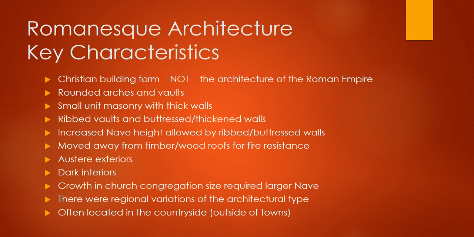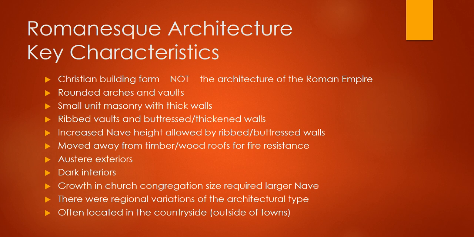Okay. The next thing is that the interiors, despite the fact that they're trying to make the nave taller and punch more windows, are relatively dark compared to later forms of Gothic architecture. The idea of growth in the congregation size is requiring larger and larger naves.